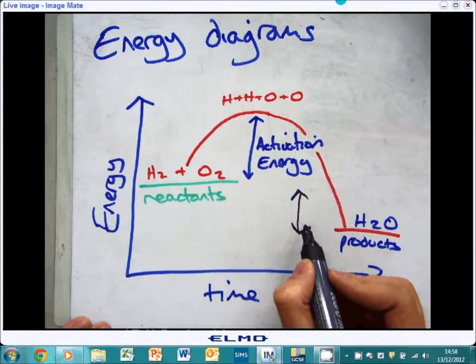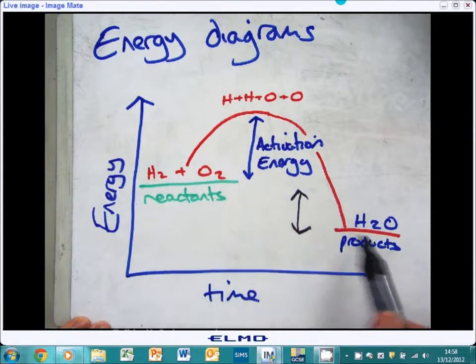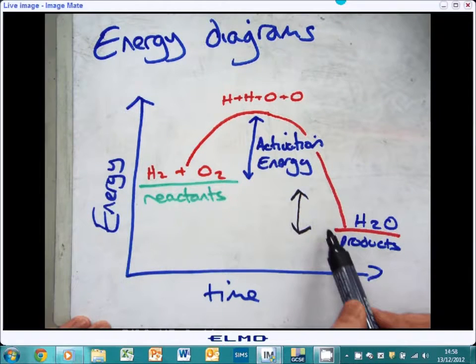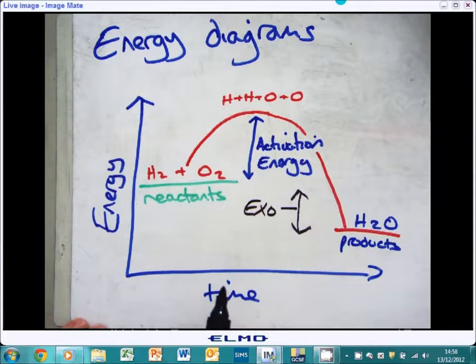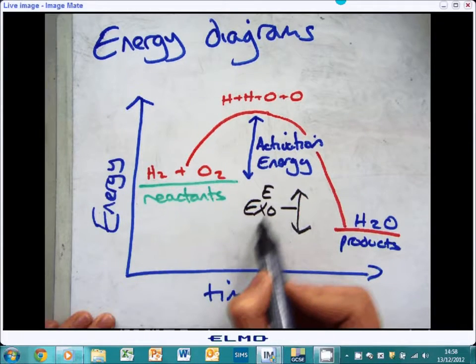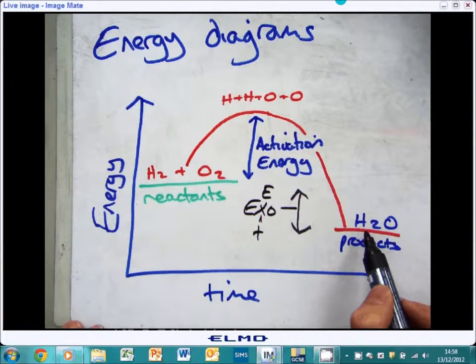The change in energy here shows that energy from the reactants has been given out to the surroundings, so the product ends up with less energy. The energy has exited, it's gone out, and there is less energy within the product.